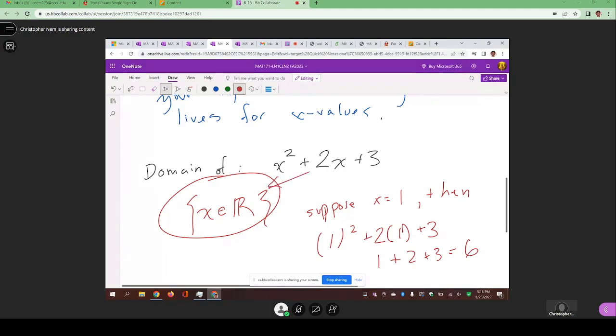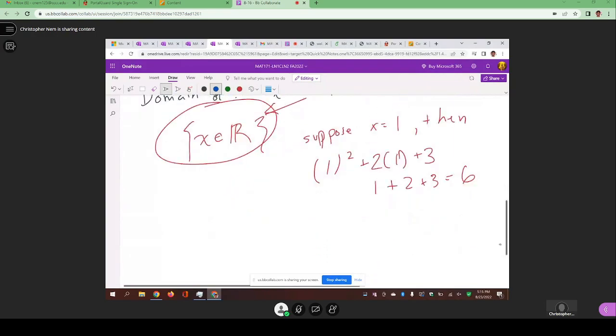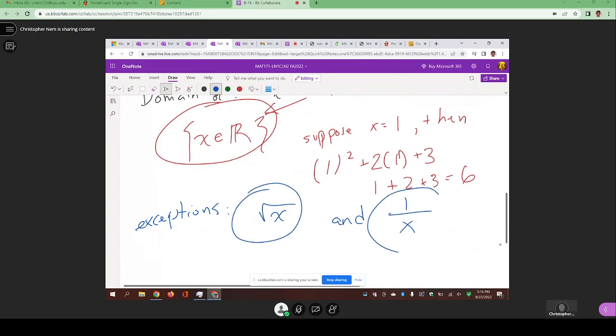However, there are a few exceptions that we got to talk about: square root of x and 1 over x. These are the two main ones that mess up the domain of your expression.